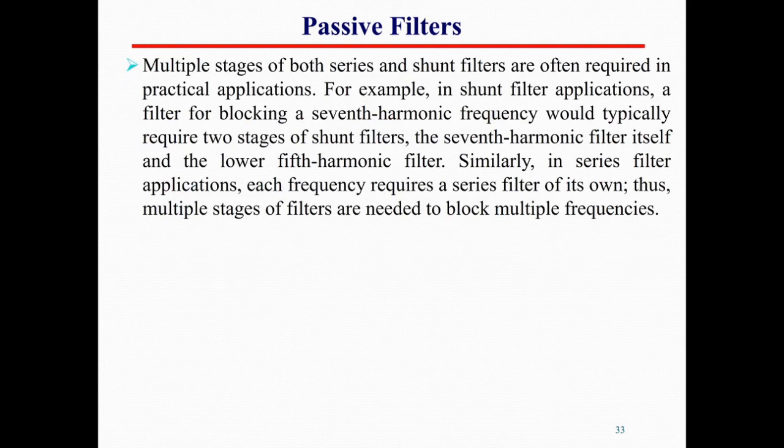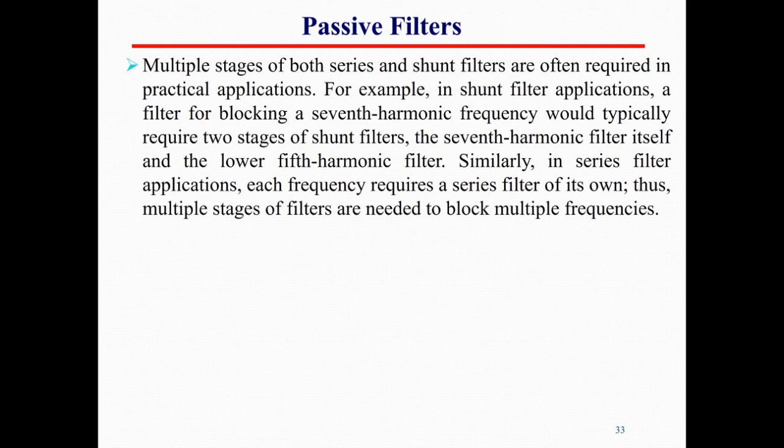Multiple stages of both series and shunt filters are often required in a practical application. For example, in a shunt filter application, blocking a seventh order harmonic would typically require two stages of shunt filter: the seventh harmonic filter itself and the lower fifth harmonic filter.